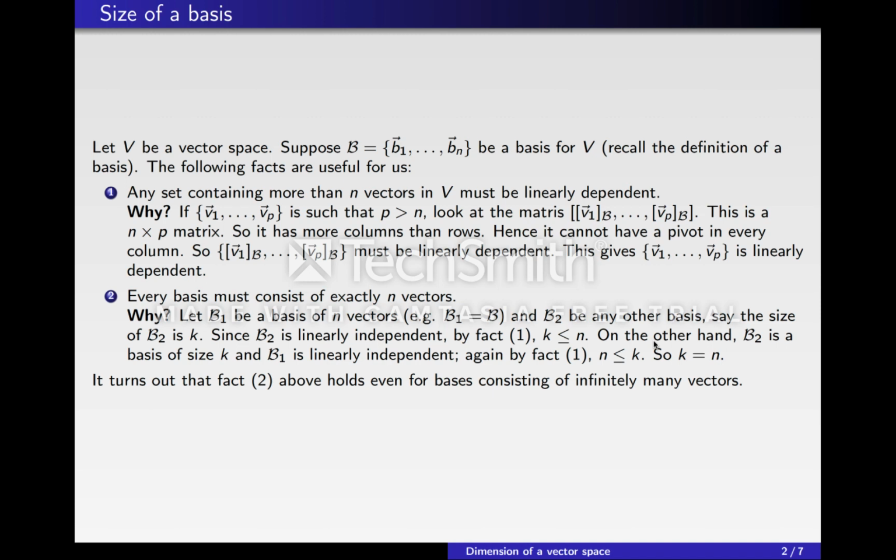And so this gives us that the original vectors v1 through vp must be linearly dependent, because from the previous lecture the coordinate map preserves all linear relations between vectors in V and their coordinates in Rn.